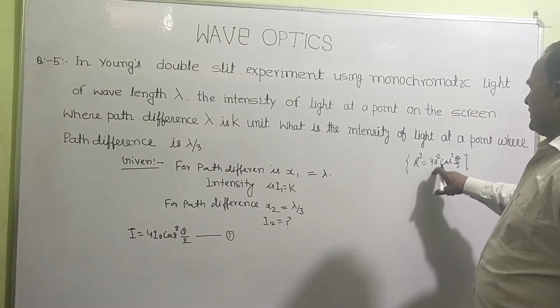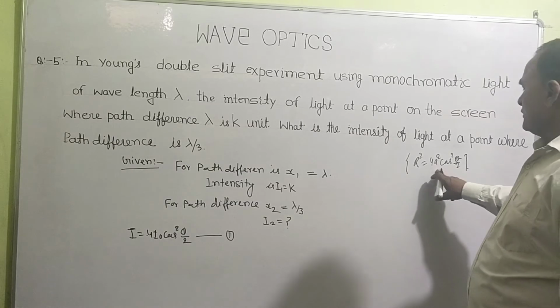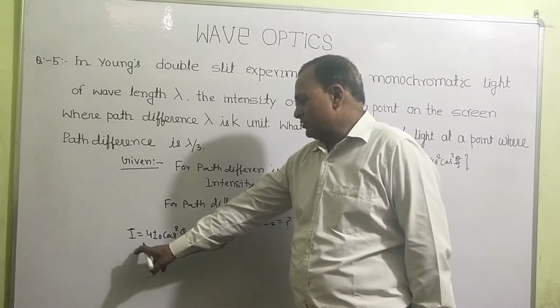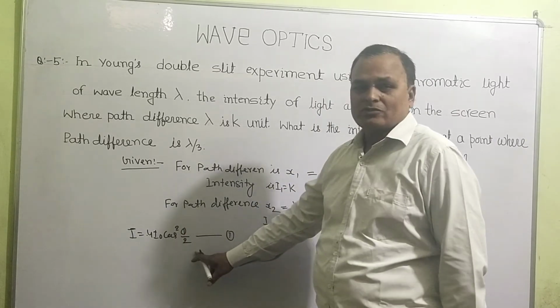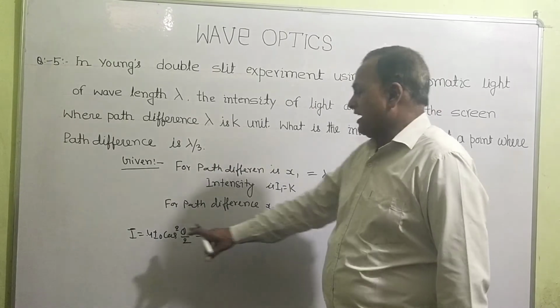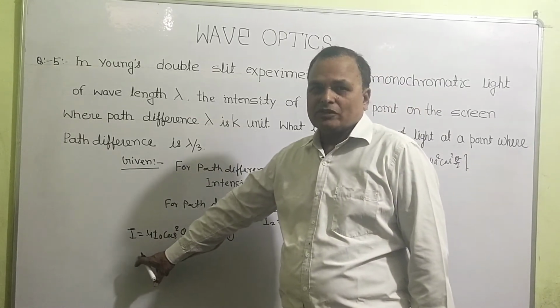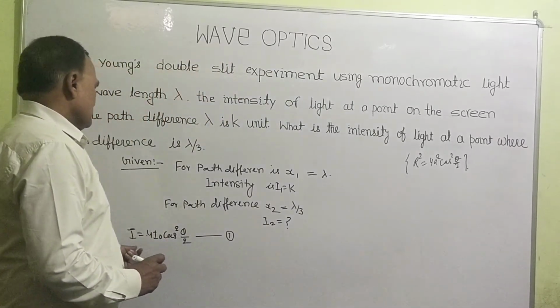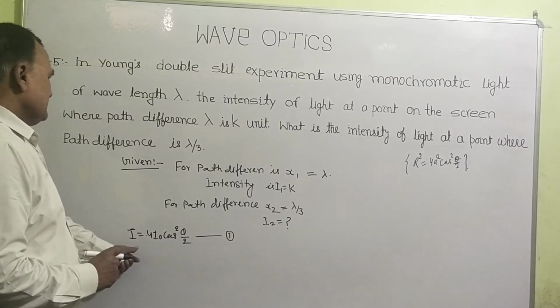In a similar manner, I is equal to 4 I naught cos square phi by 2, since I is related to amplitude square.